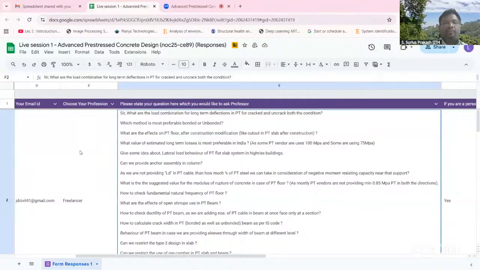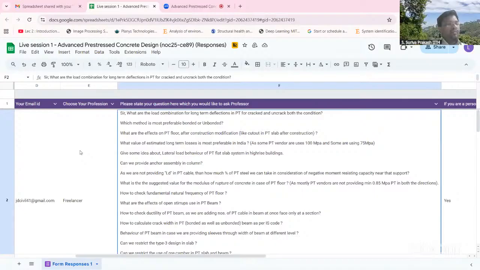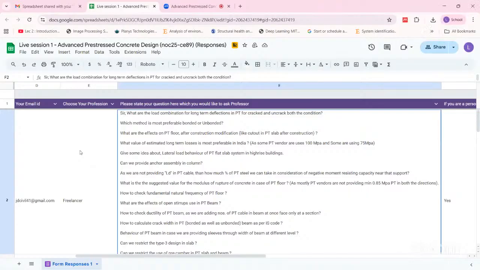Sir, what is mostly done in PT flat systems is that the unit of measurement for billing is the square feet area of slab. Then they are manipulating the modulus of rupture and saying this is special pre-stressed concrete. In normal concrete we take 0.7 root fck, but this is compressed concrete, so the rupture value is higher than normal concrete.